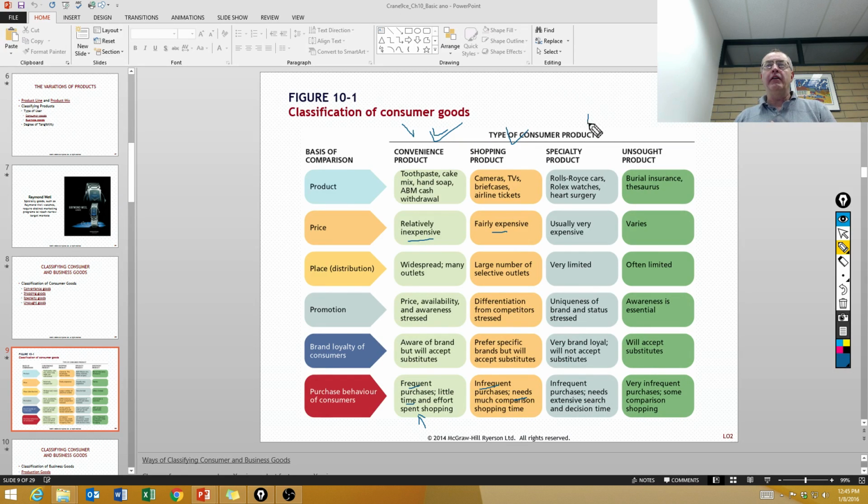And then we have specialty products. Specialty products are goods that we purchase infrequently, and we spend a lot of time finding the product that we want and making our decision. They tend to be very expensive. Good examples would be vehicles, since we don't buy new vehicles very frequently, jewelry, and houses.